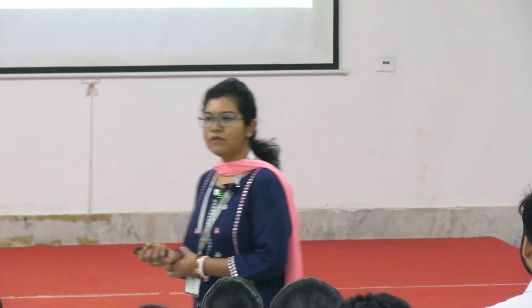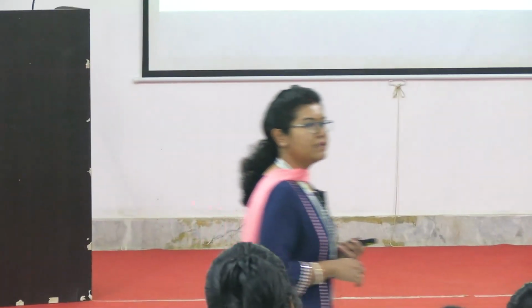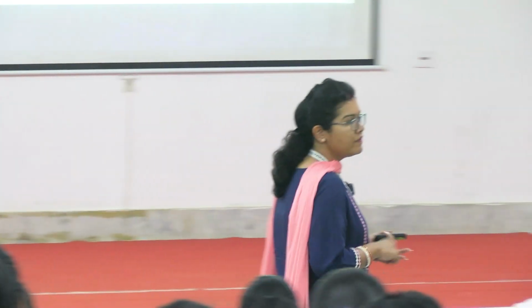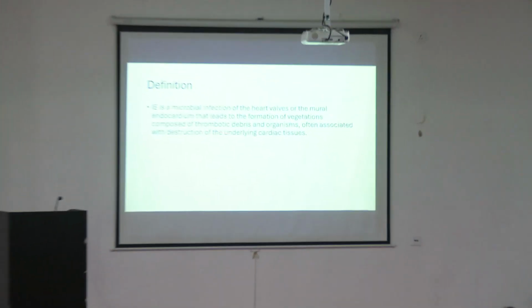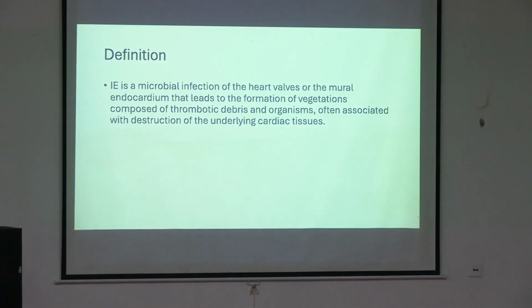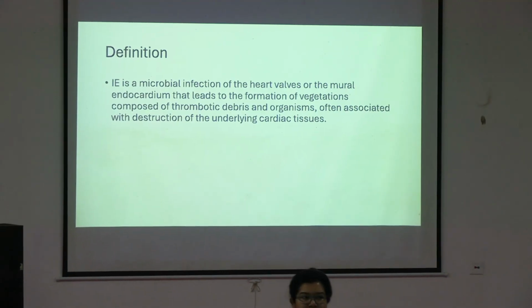They are made up of thrombin, platelet plug, all these things along with some of the microorganisms. Okay. So there will be thrombotic debris as well as organisms, and ultimately they will destroy the underlying tissue. Okay. So this is the exact definition of infective endocarditis.